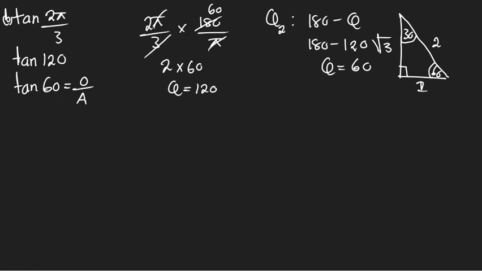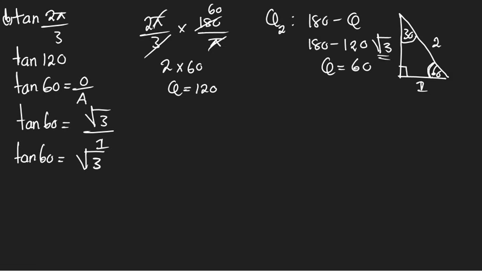So what is the opposite? If we're using this angle 60, our opposite is root of 3. And then which one is the adjacent? Adjacent is simply 1. So tan of 60 is going to equal root of 3.